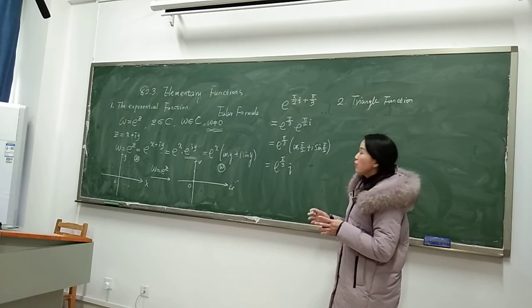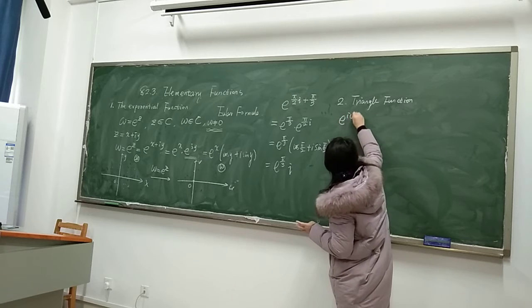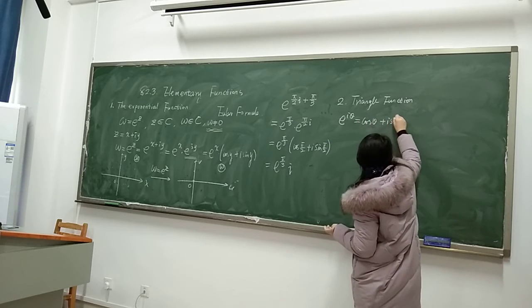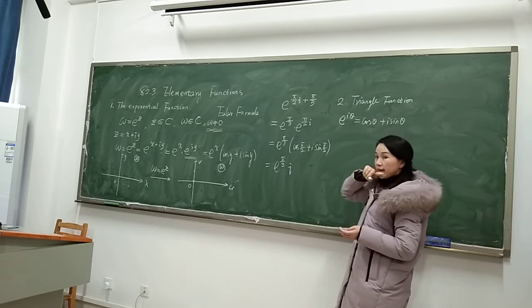According to the Euler formula, we know e^(iθ) you can write as cosine θ plus i sin θ. Okay?